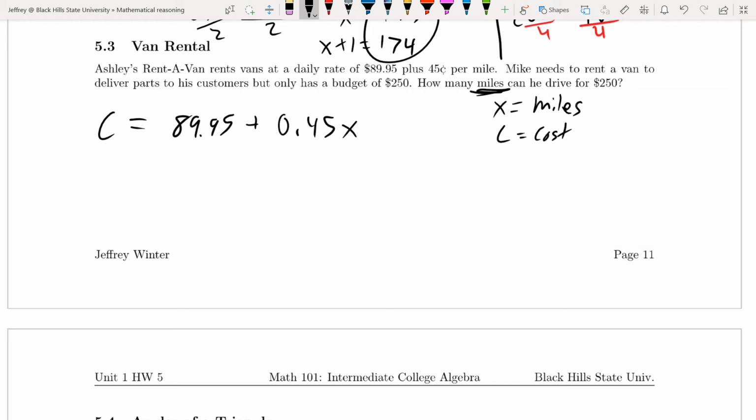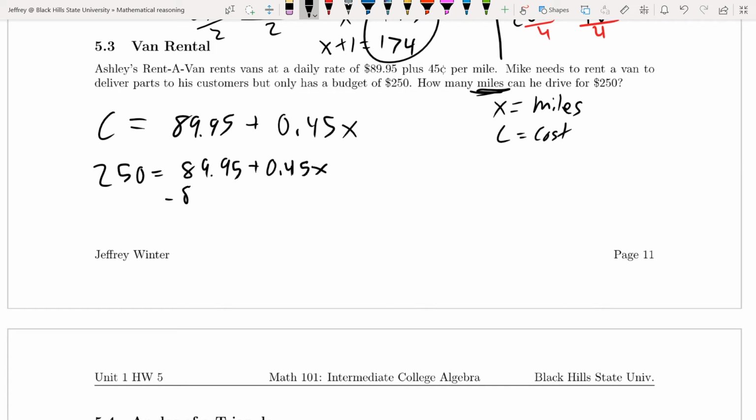We're also saying that if the cost or his budget is $250, we can basically plug that in for C. So we have $250 equals $89.95 plus 0.45x. And we're going to solve for x to give us the number of miles that Mike can drive this rental van. So to solve for x, or to get x by itself, we need to get rid of $89.95 first.